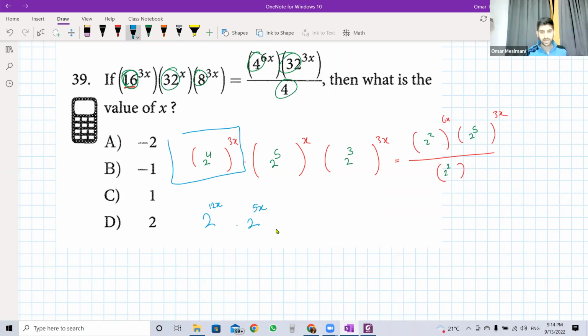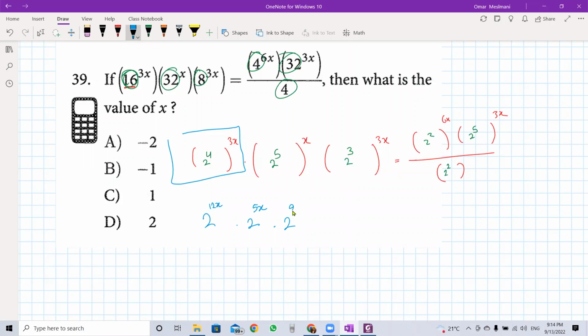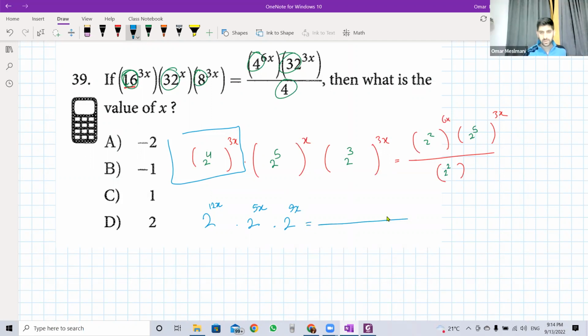5x. Exactly. Times 2 power what? Okay, so you multiply 3 by 3, which is 9x.